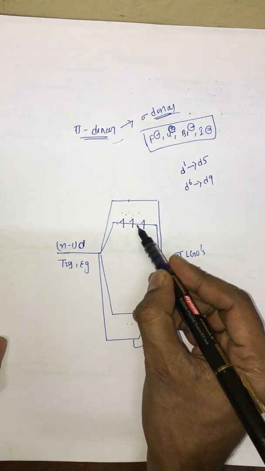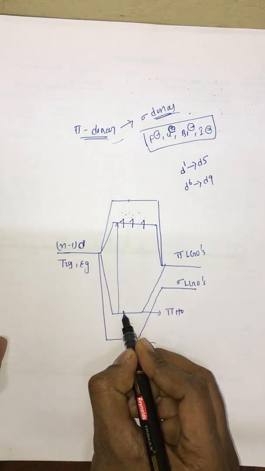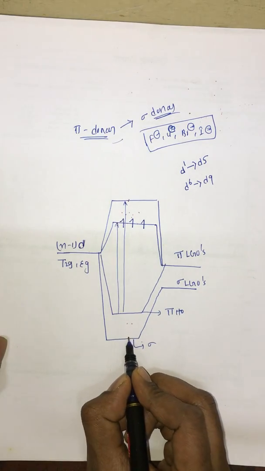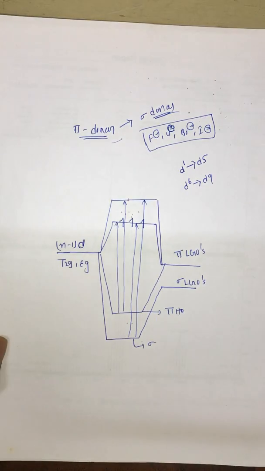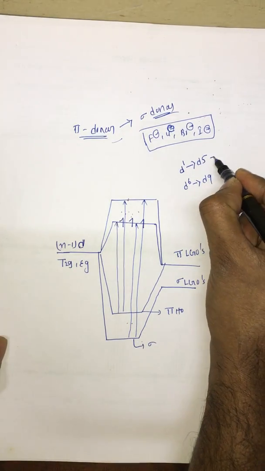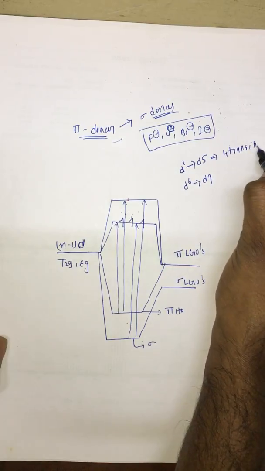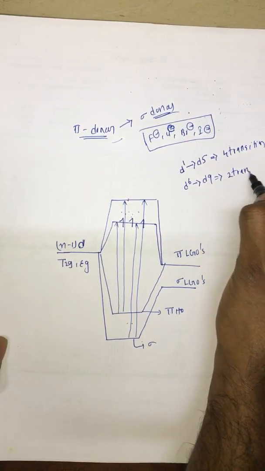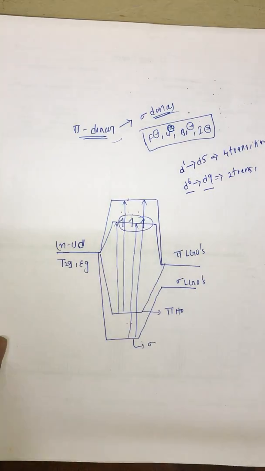Since vacancy is there in both places, from here to here one transition, from here to here another transition. From the sigma orbital also two transitions are possible. So from d1 to d5 a total of 4 transitions are possible. From d6 to d9 only 2 transitions are possible, because from d6 to d9 T2g is completely filled, and electrons only go to the Eg orbitals.